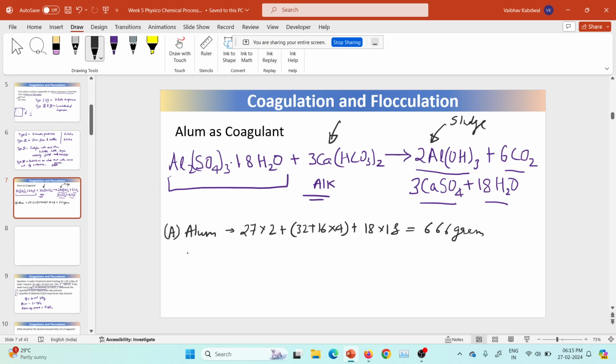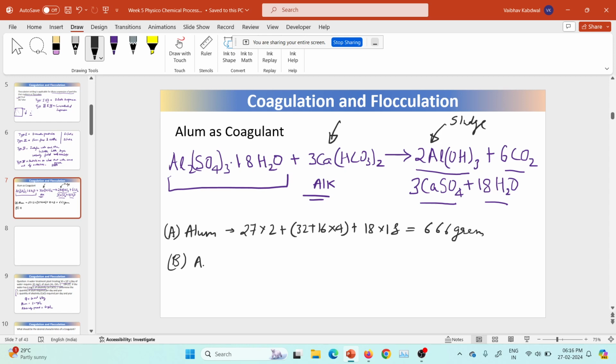For alkalinity, you can calculate either in terms of Ca(HCO3)2, or CaCO3, or CaO also, in whatever form you want to calculate. Second we will go for AlOH3. Alkalinity is comparatively bigger than this, so we'll discuss it later.